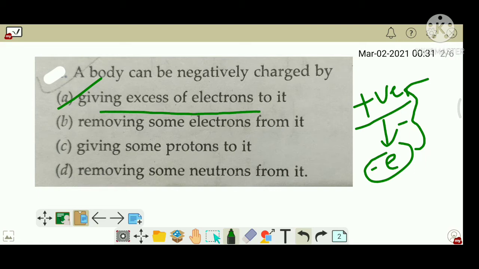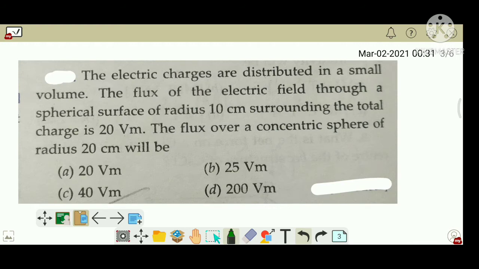Now moving on to the next question: the electric charges are distributed in a small volume. The flux of the electric field through a spherical surface of radius 10 centimeter surrounding the total charge is 20 voltmeter.